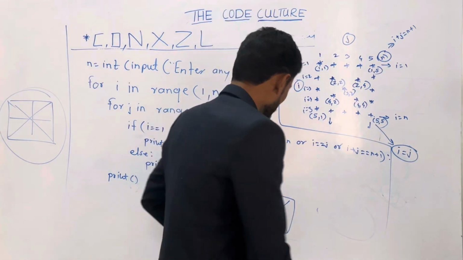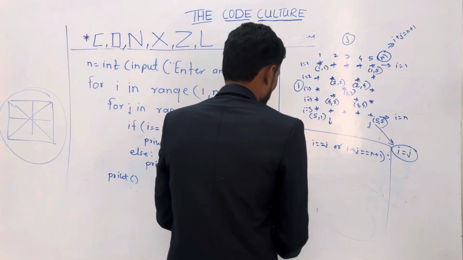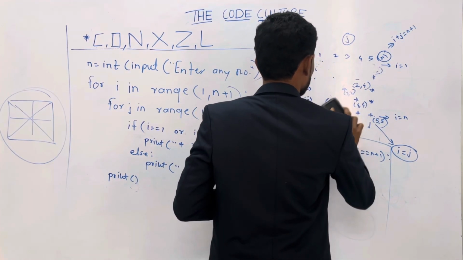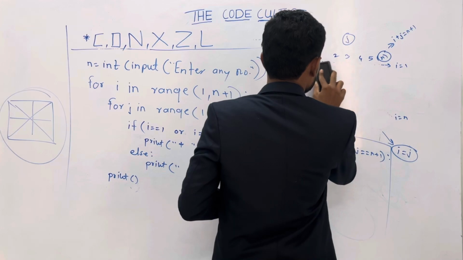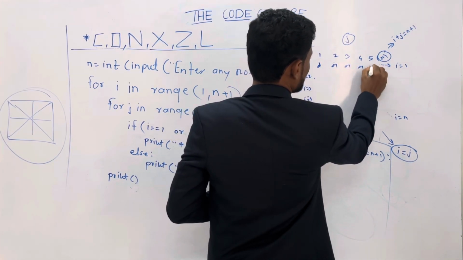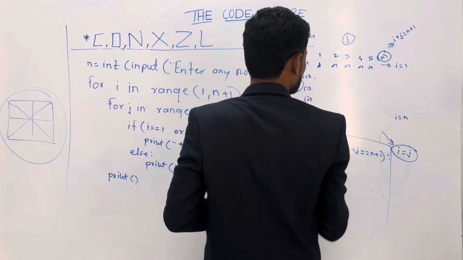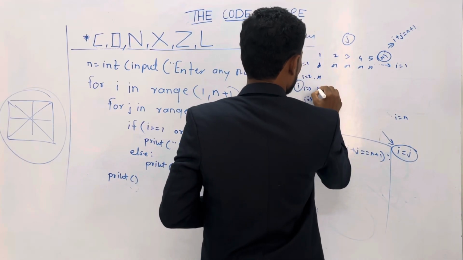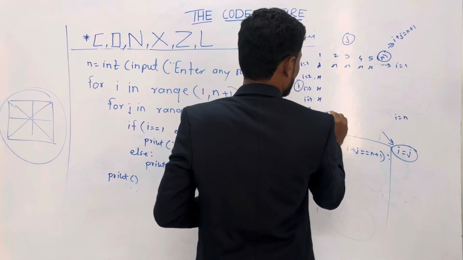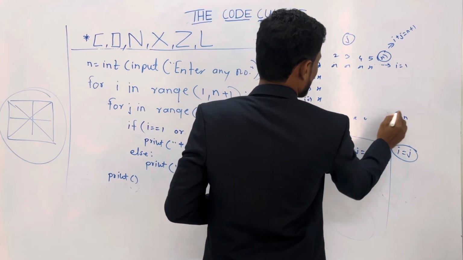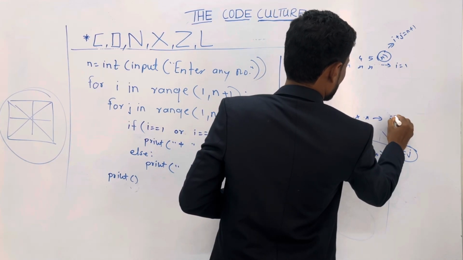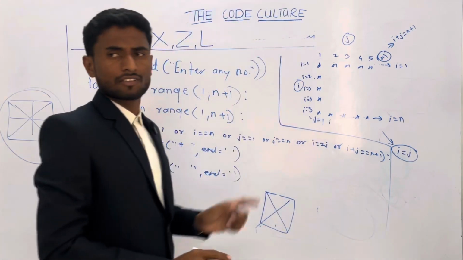Now first we will see how to print a C. So tell me, how can we print C? First row: what is the equation for this? i equals 1. Next, this column we have j equals 1. Next, this row we have i equals n. Just three equations.